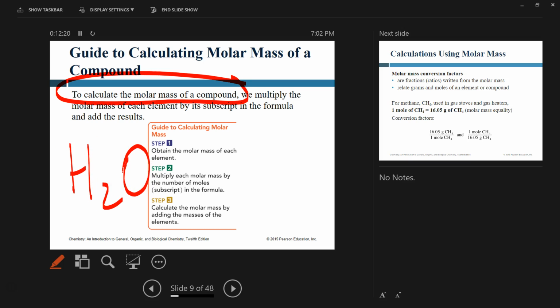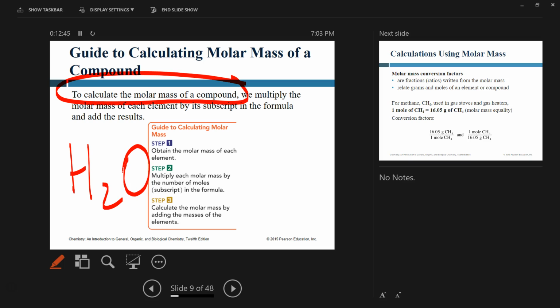How many molecules are in 1 mole of water? Well, start with 6 and we assume everything else is kind of obvious. 6.02 blah, blah, blah. You got it? All that number with 10 to the power of 23. Does that make sense? So you have 1 mole of water molecules.